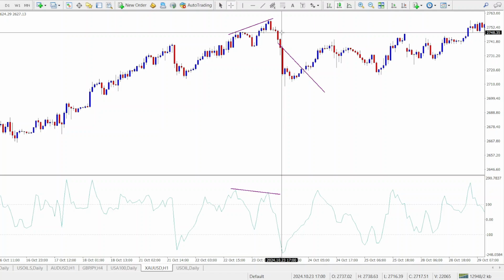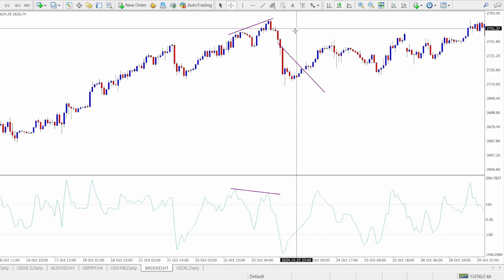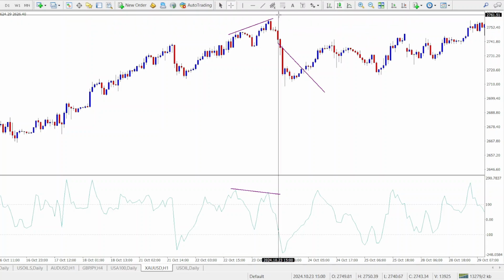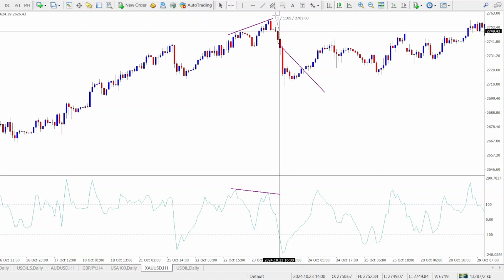If you are trading with a $10,000 account, for example, 2% being $200 means if this is your entry point and this is where your stop loss should be, you calculate how many pips.